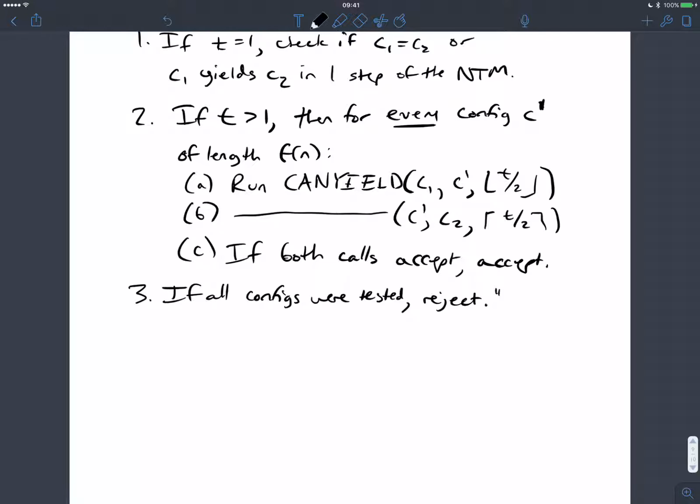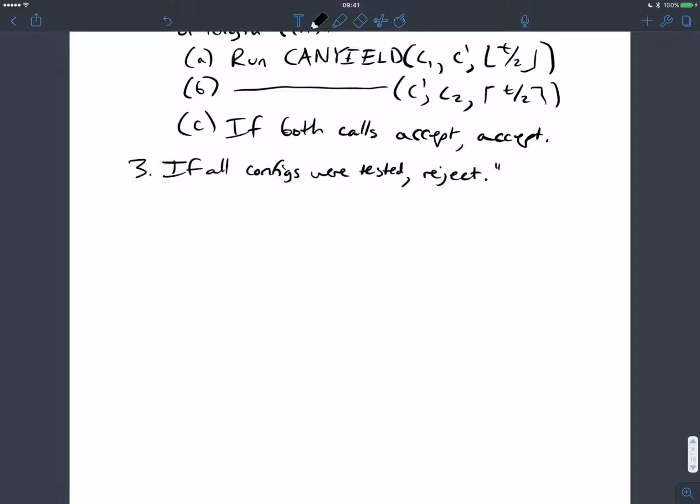Okay, well, now we just got to run the original problem. So what is the time bound that we need to run in general? Well, let's see. Let C start be the start config.